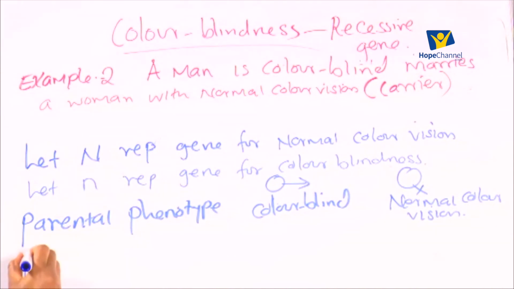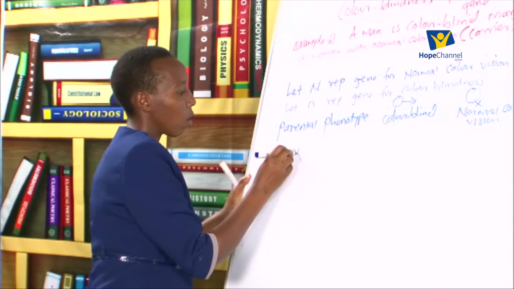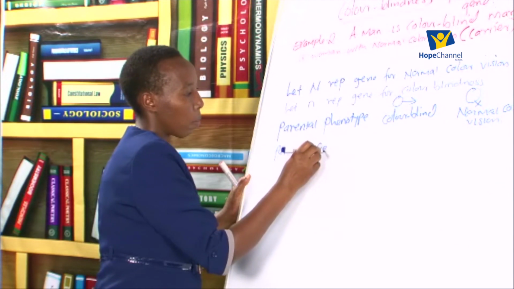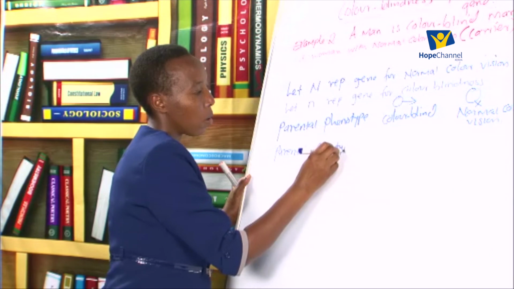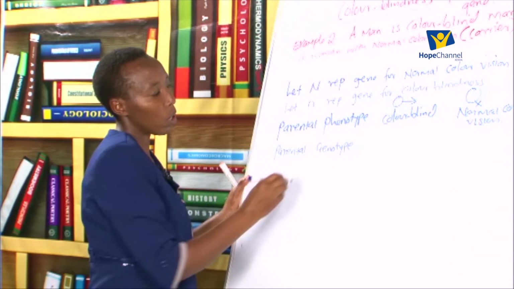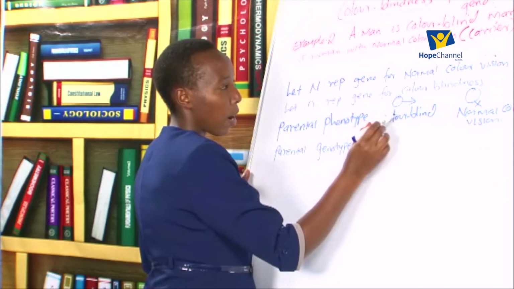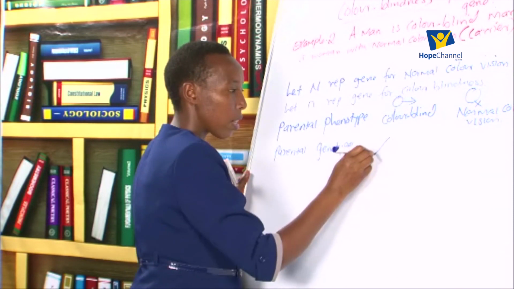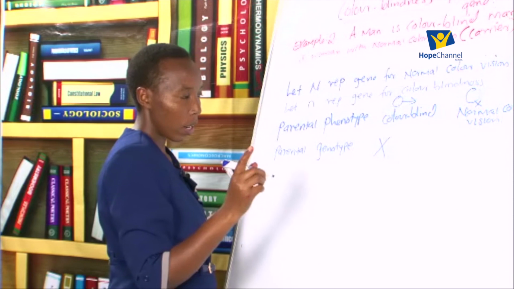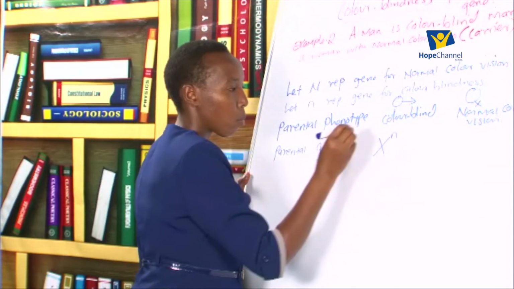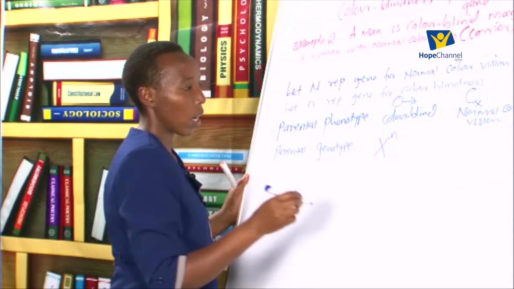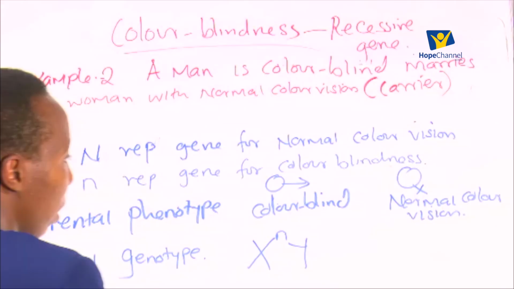Then parental genotype. For the parental genotype, the man is colorblind and carries only one X chromosome. So that X chromosome carries the gene for colorblindness. So that is the man.